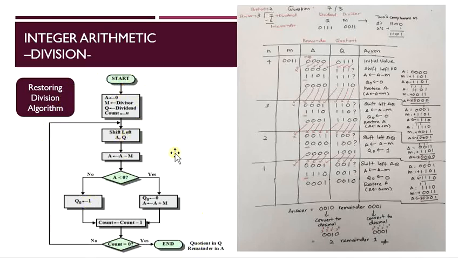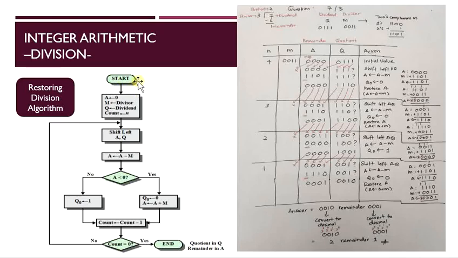Basically, this is similar to the multiplication Booth algorithm, but the difference is the shifting part. For the Booth algorithm, the shift is the shift right. For the restoring division algorithm, the shifting should be done to the left.